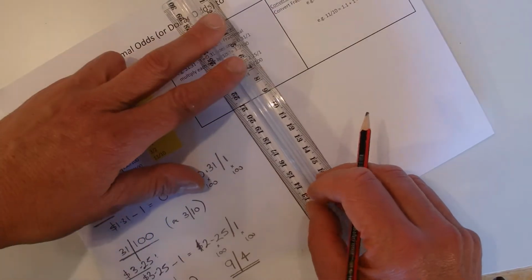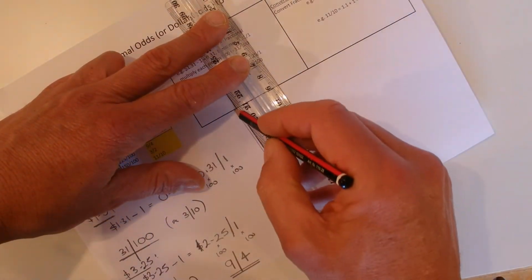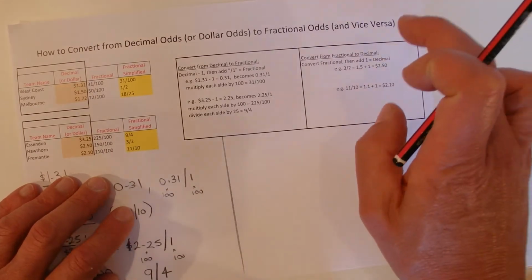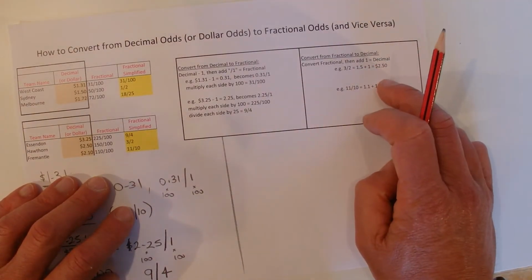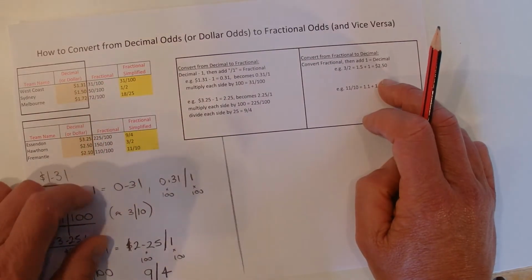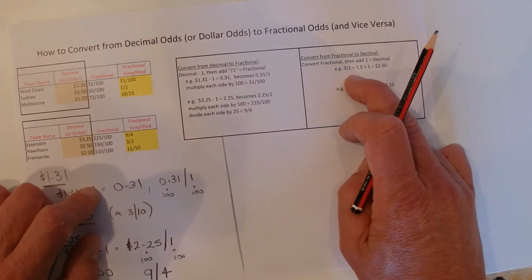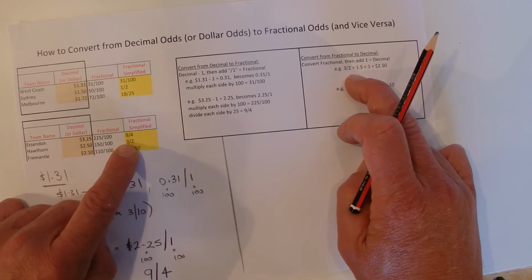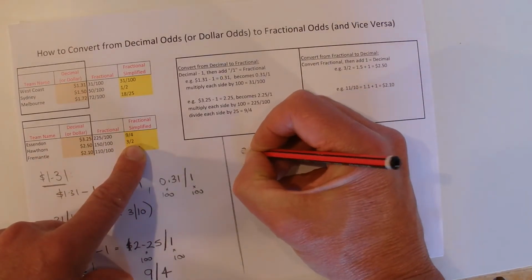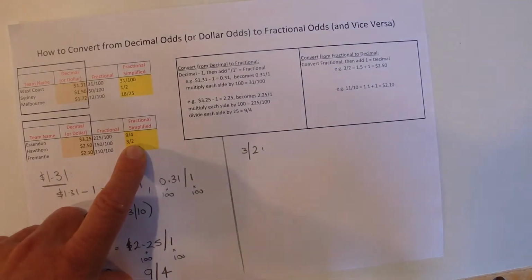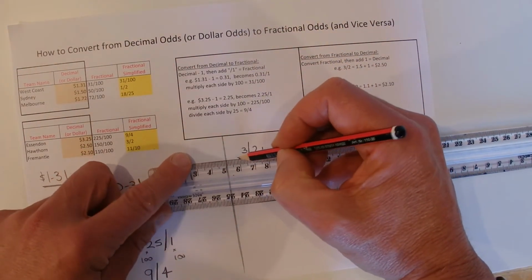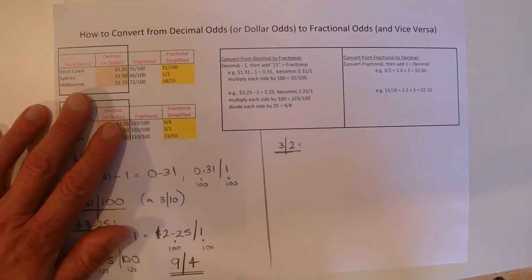Okay, so I'll put a line in the middle, and we'll move on to converting backwards, from fractional back to decimal. We're going to look at 3 to 2, which is the Hawthorn odds. What is 3 to 2 in decimal odds?